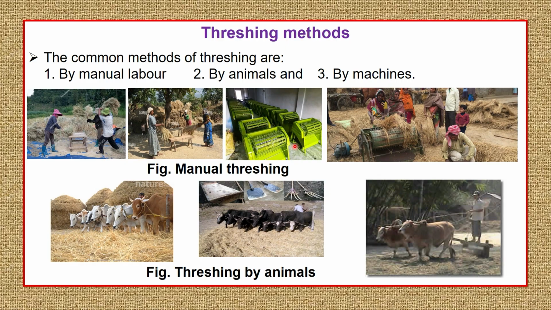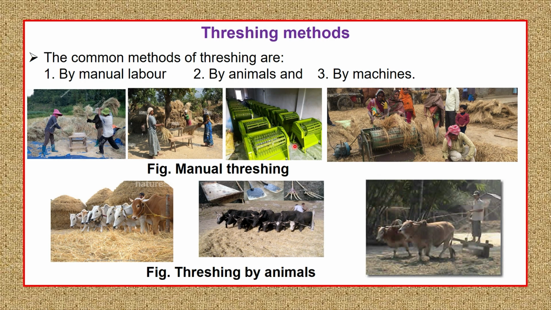There will be a rotating roller. The drive for that rotating roller may be given by a motor, or it may be a pedal operated type. If it is pedal operated, then one person will keep pedaling so that the drum continues to rotate, and that rotating drum will have pegs or loops on its surface.